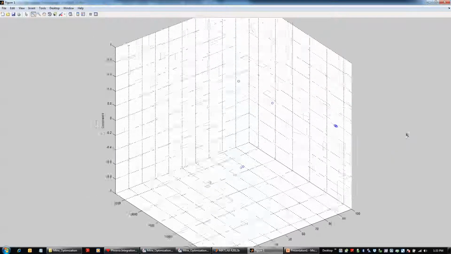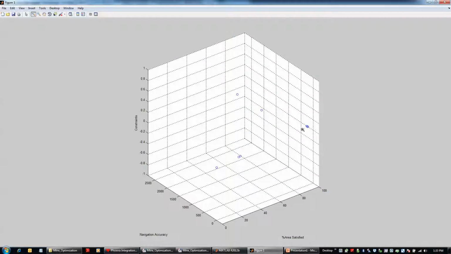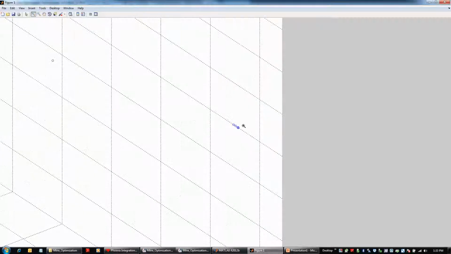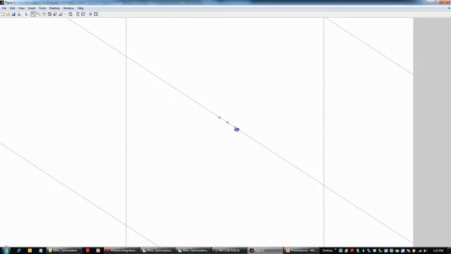So if I zoom into this region, you can have a look at almost all the results, and we want it to be minimum. So I can take one of these results and view what result was obtained. You can see that the minimum obtained was around 216 meters.